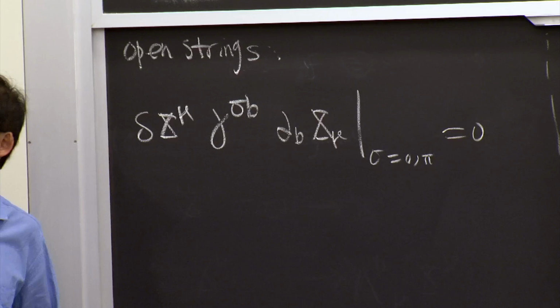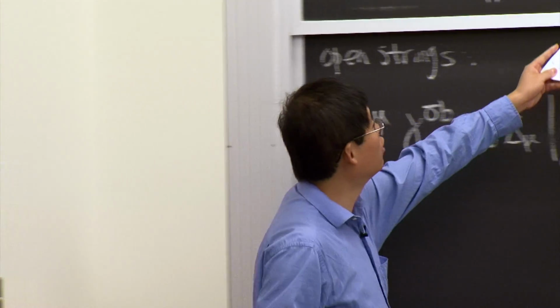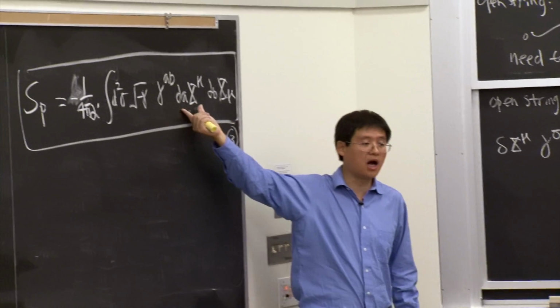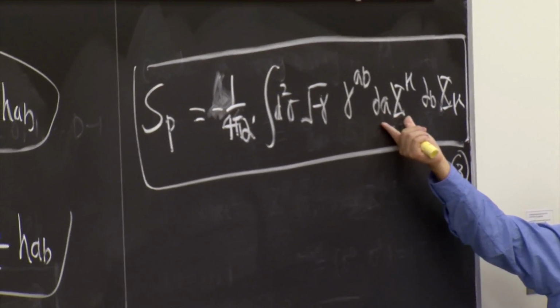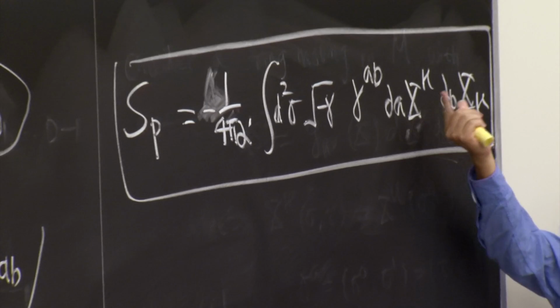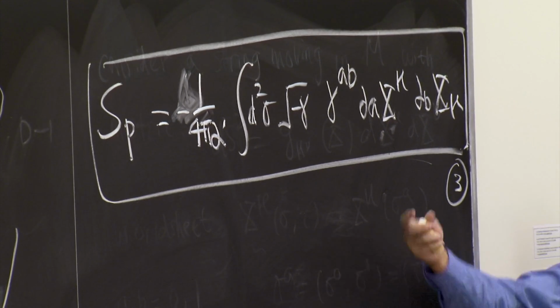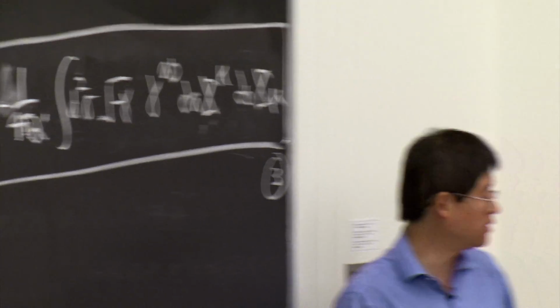This just comes from the integration by parts when you do the variation. That comes from the boundary term of that variation evaluated at the endpoints of the string in the sigma direction. Is it clear?